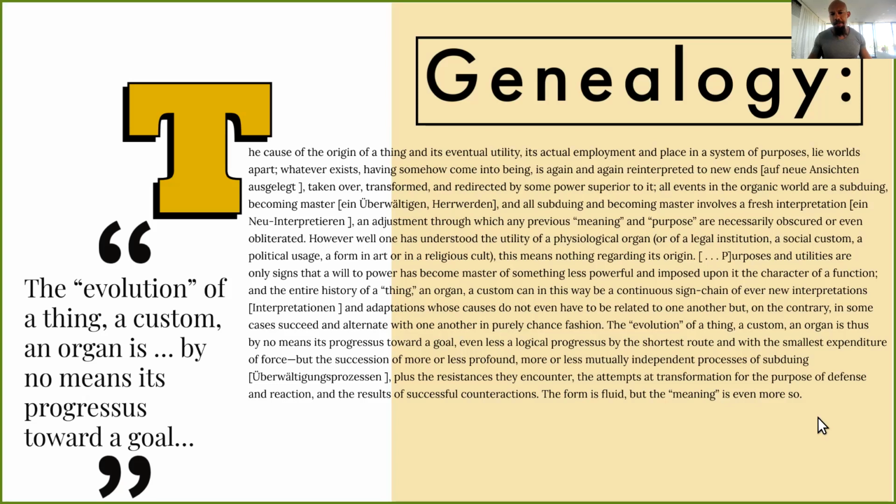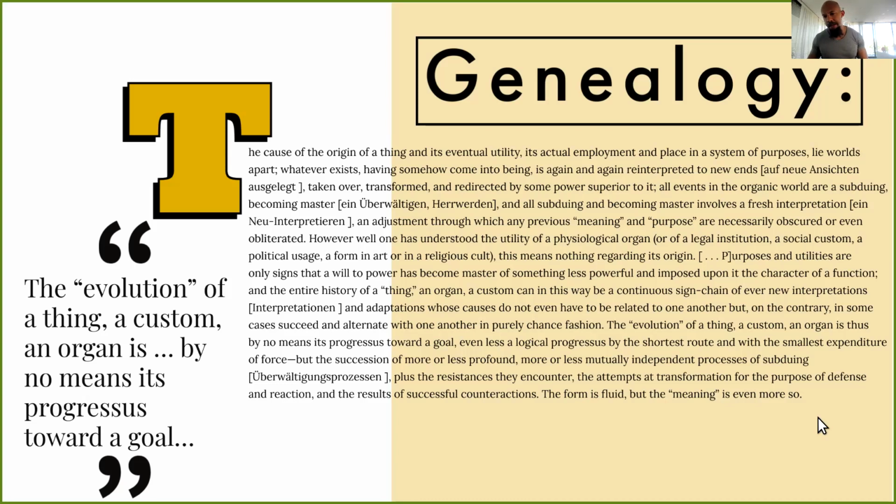And the entire history of a thing, an organ, a custom, can in this way be a continuous sign chain of ever new interpretations and adaptations whose causes do not even have to be related to one another, but on the contrary, in some cases succeed and alternate with one another in purely chance fashion.